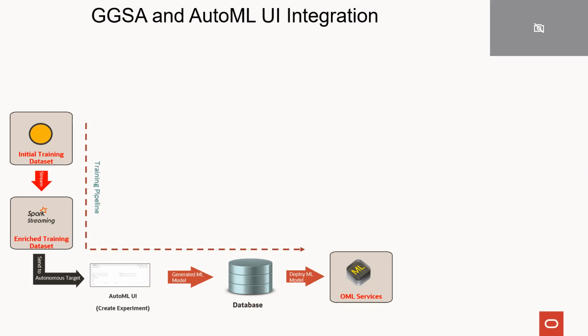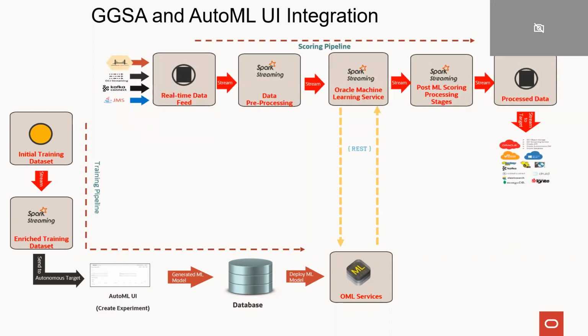AutoML UI will grab that data, generate a machine learning model in the database itself, right, and through some proxy with Python, and then deploy that model. You can deploy that model, and that model is available for you as OML services that you can actually call through REST API.